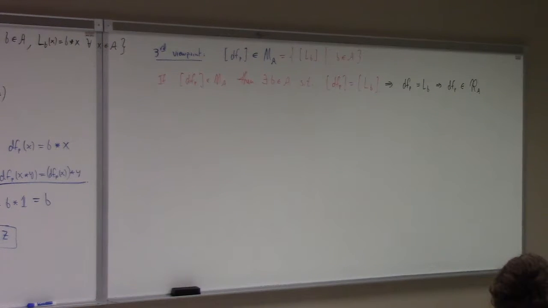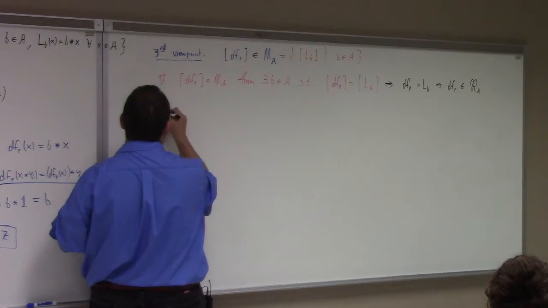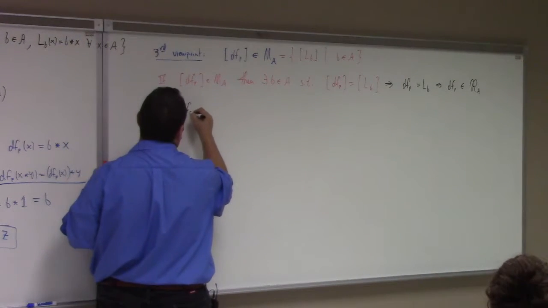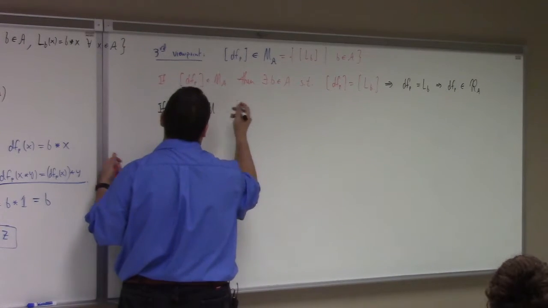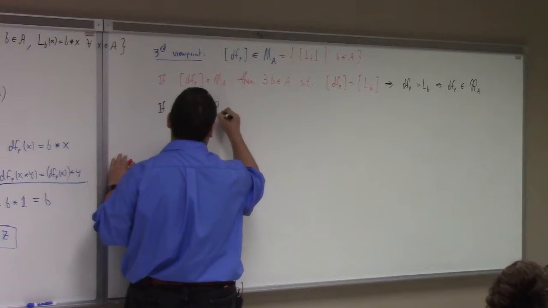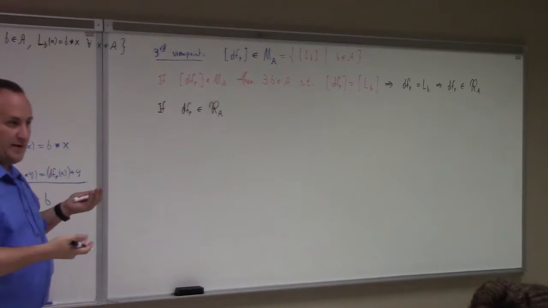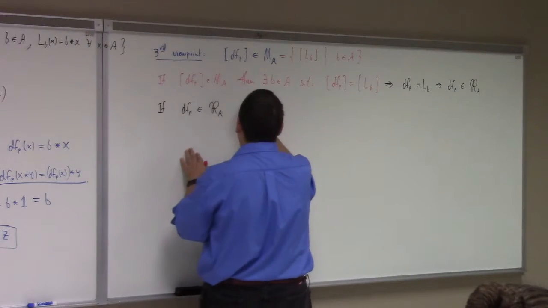And we can go vice versa. What if you went the other way around? If df_p is in M_A, if it's a left multiplication map, if it's in the regular representation by A, then what can we say, by definition?